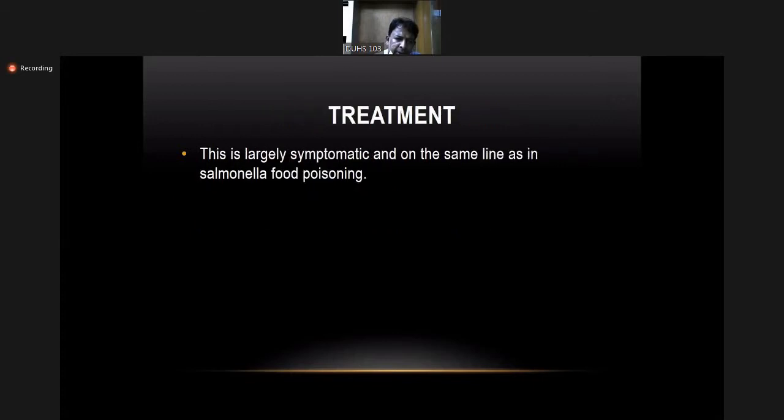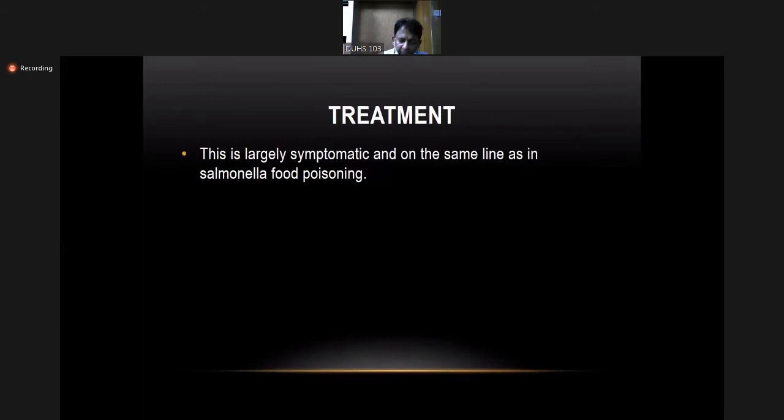Treatment is largely symptomatic and along the same lines as in Salmonella food poisoning. Stomach wash and bowel evacuation should be part of the treatment, wide-spectrum antibiotics should be used, and an IV line should be maintained.